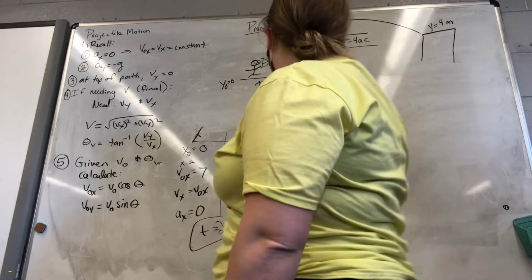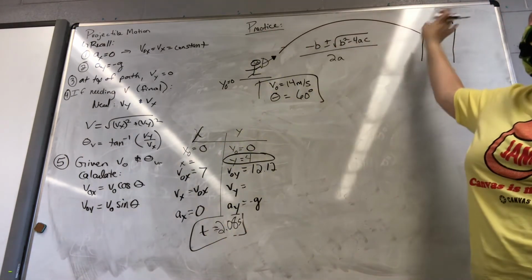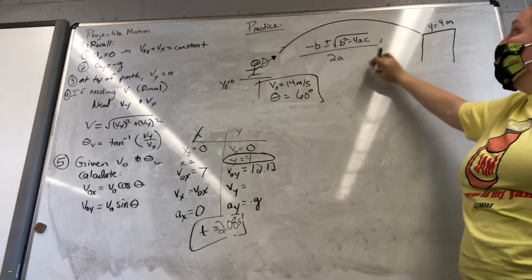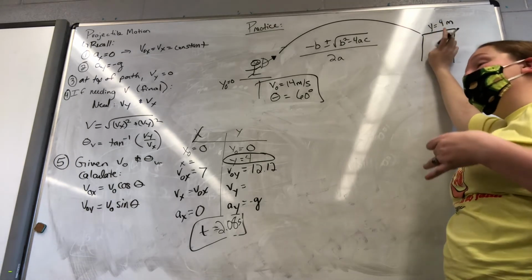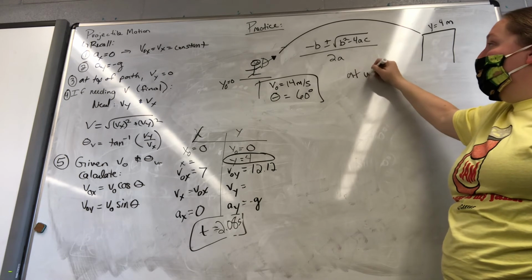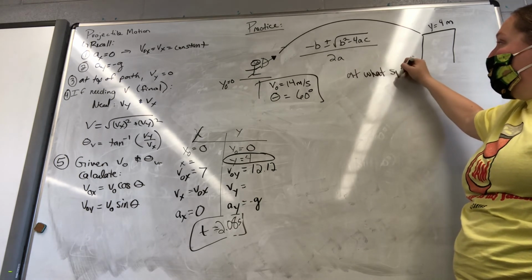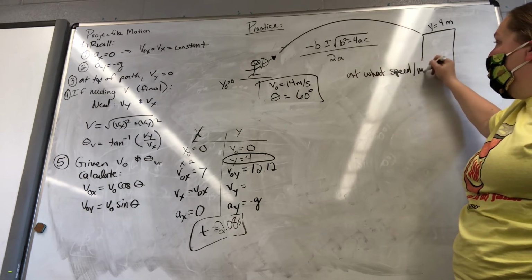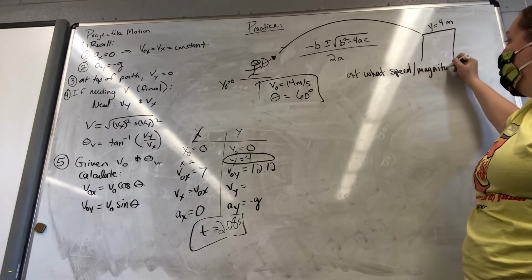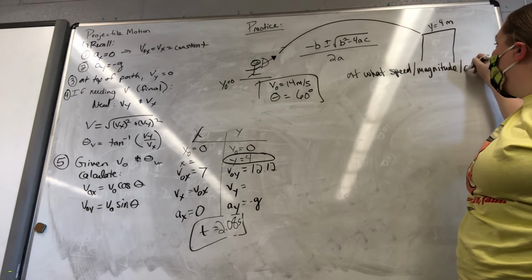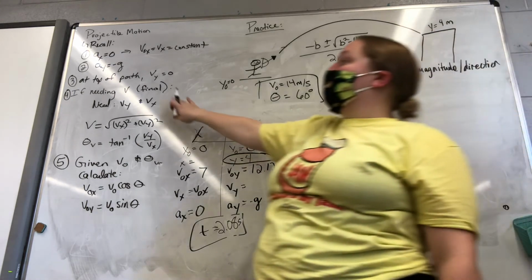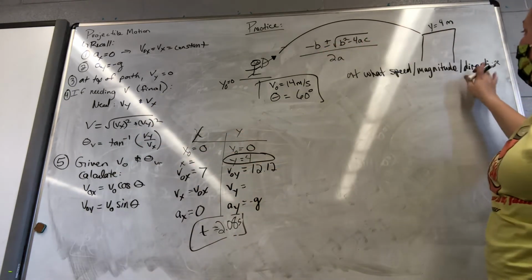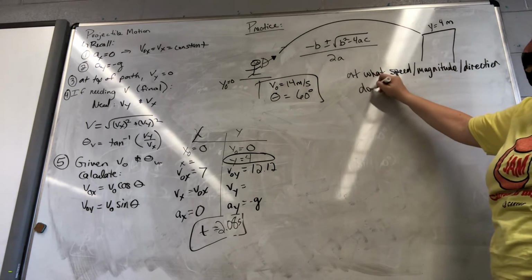How do you know when you have to start over? You want to analyze the question. I said, how long does it take until we hit the cliff? Then I asked, at what speed? I'm looking for final information about the final vector.